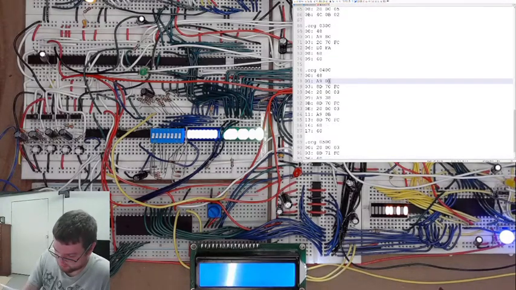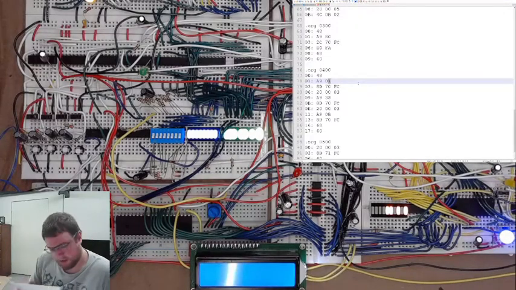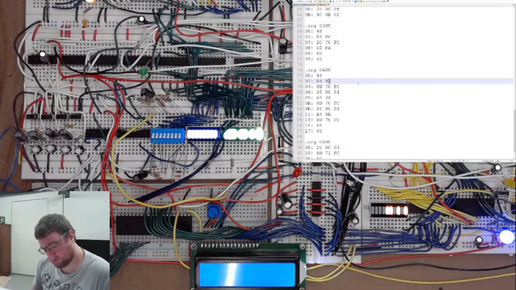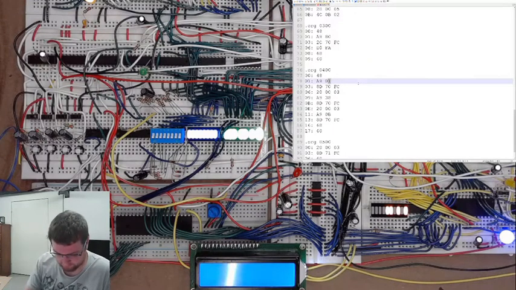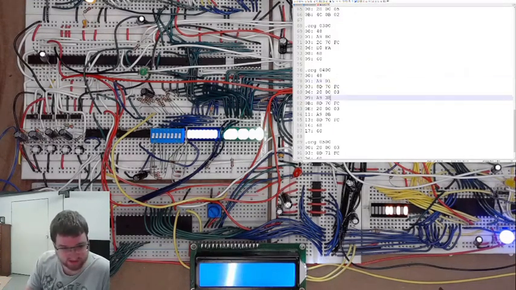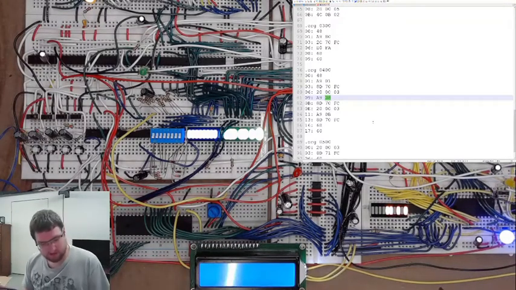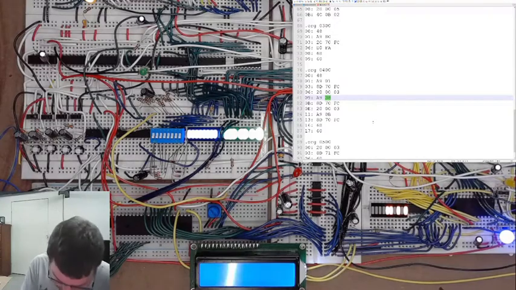So I go ahead and do clear screen. I could do this after the initialization, might help. Function set, I put down as 3-8. Which might be wrong because I do remember this one was a bit weird.